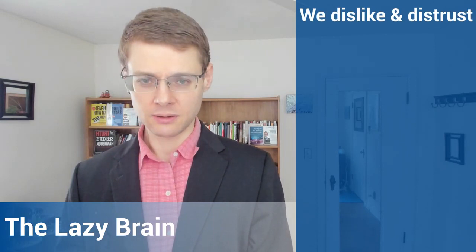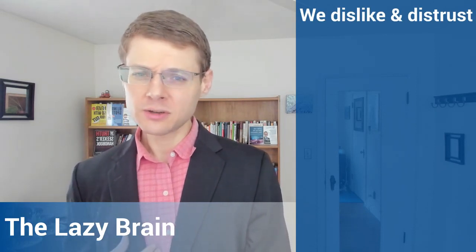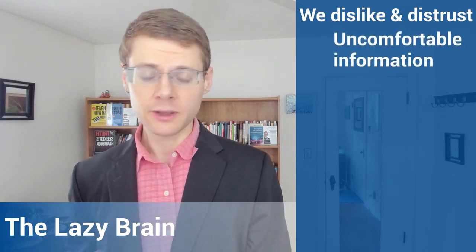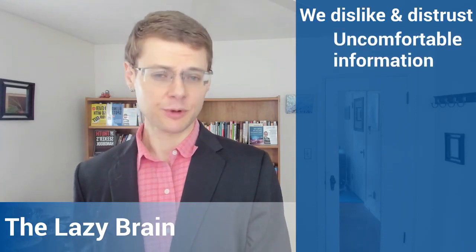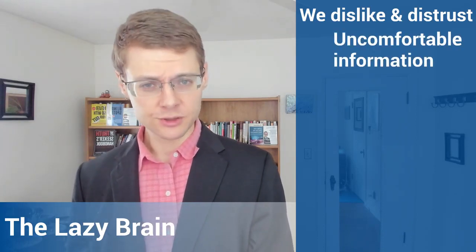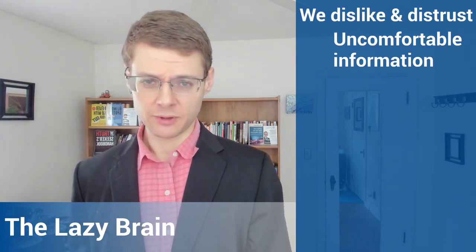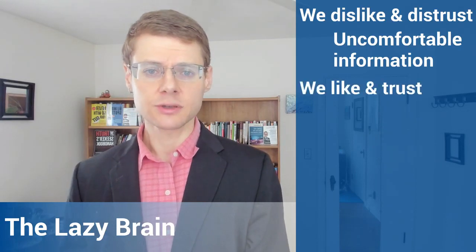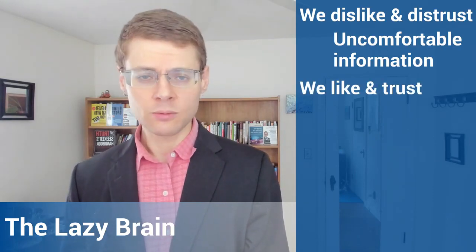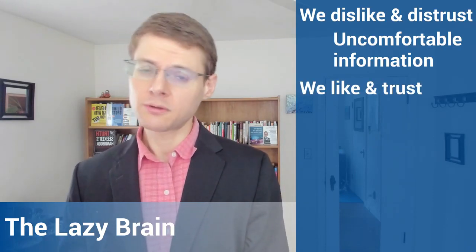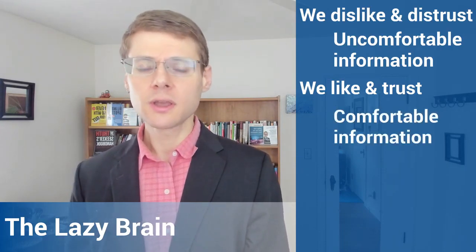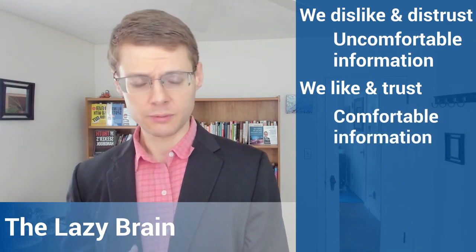So as a result, I dislike and I distrust, just intuitively with my emotions, going with my gut, information that feels uncomfortable. When we get information that feels uncomfortable, we inherently dislike and distrust it. That's how our brain works. And by contrast, we feel good about, we like, and we trust information that we feel comfortable with.